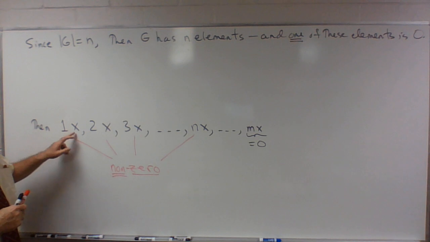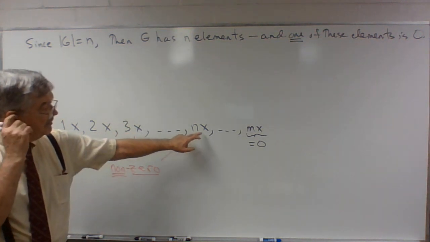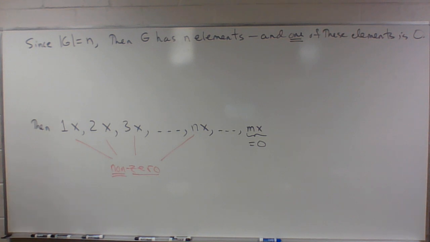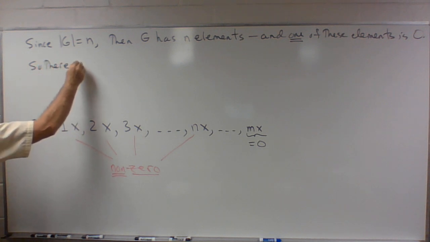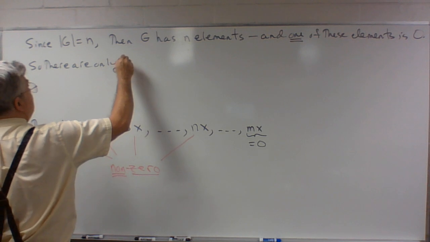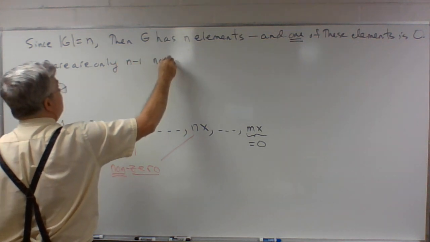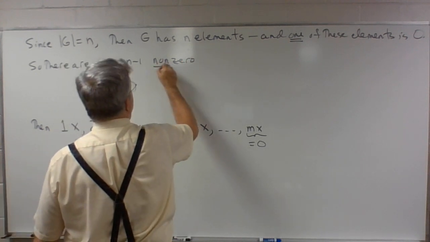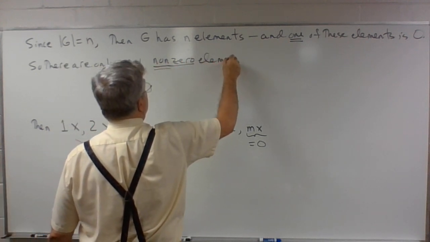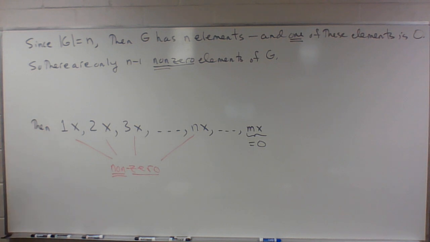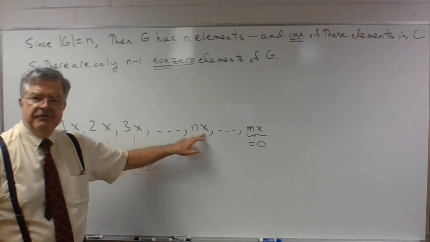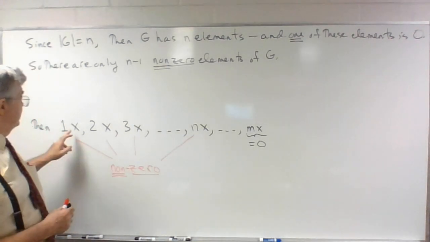But down here, we've got n non-zero elements of G. These are all non-zero elements of G, and we've got n of them here.